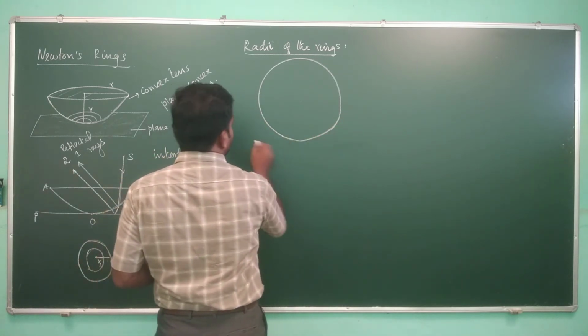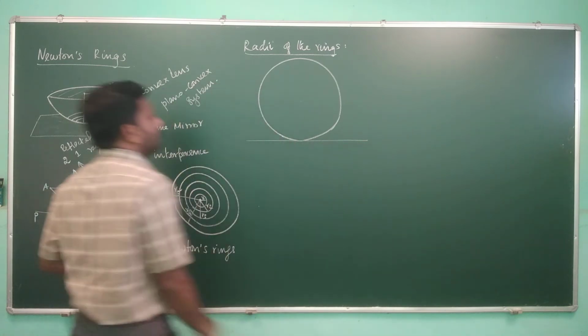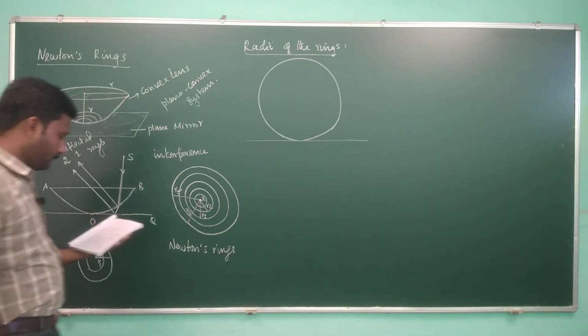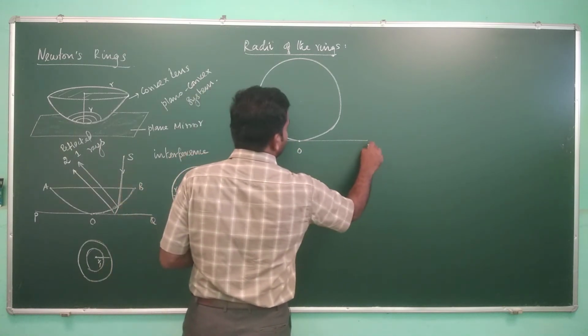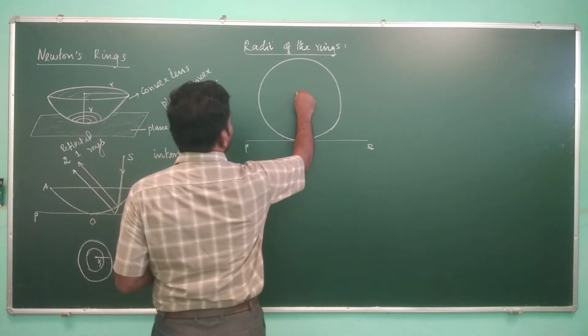Let me draw that circle, and the plane surface. Now this point is O, and this is P, and this is Q. Let it be, and this is the center.